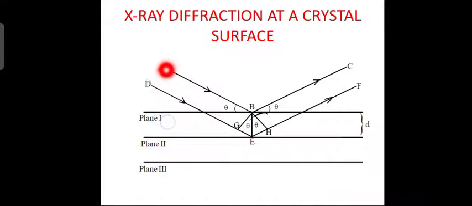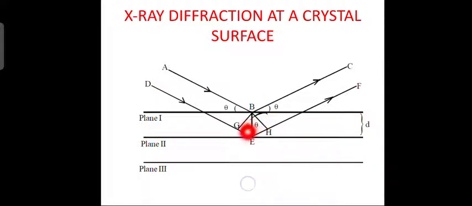Okay. And AB is the incident light. You can see here AB is the incident line, strikes the surface, that is plane 1, gets reflected along BC. Similarly, DE is the incident light on plane 2, gets reflected along EF. Then consider the perpendicular from the point B to the incident light DE. So, BG is the perpendicular to this incident line.